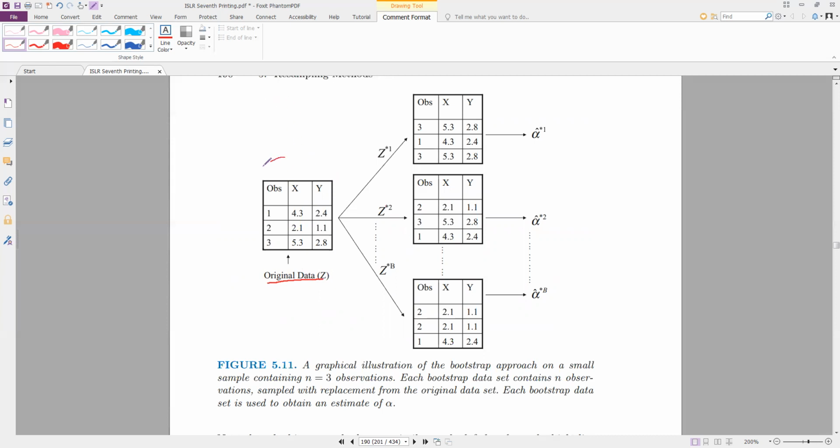So let's just say for a second this is the population. If this was the population, getting your different samples from the population and getting estimates of the parameter would be the best case.